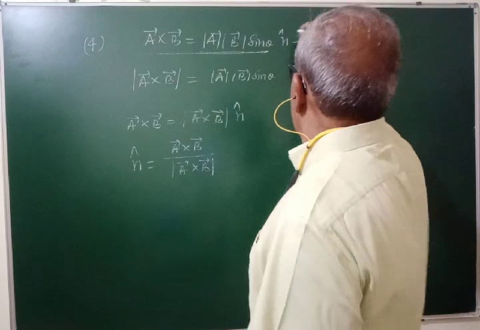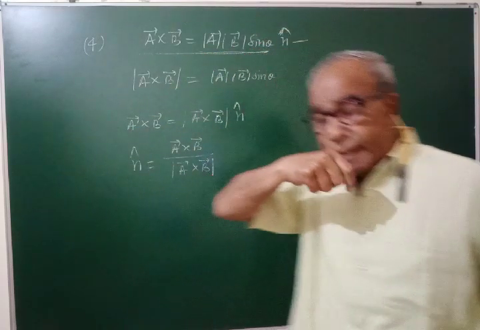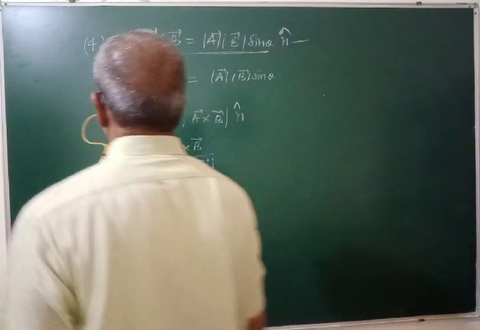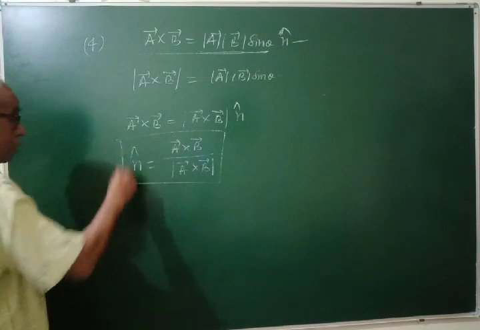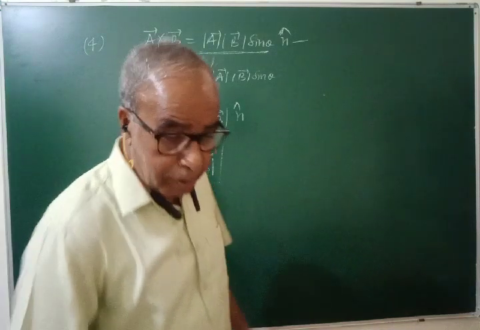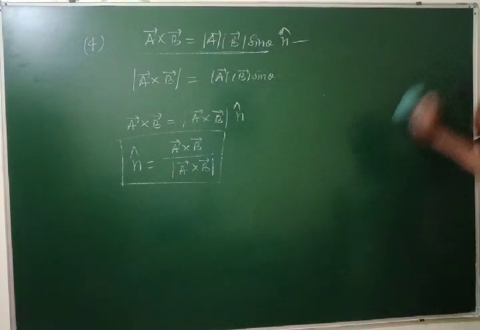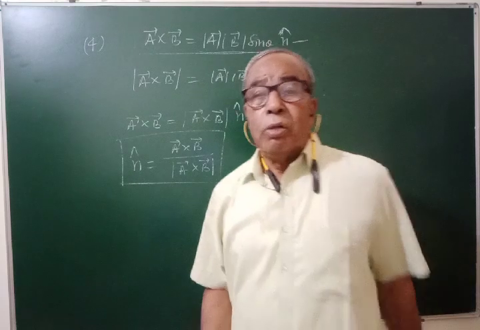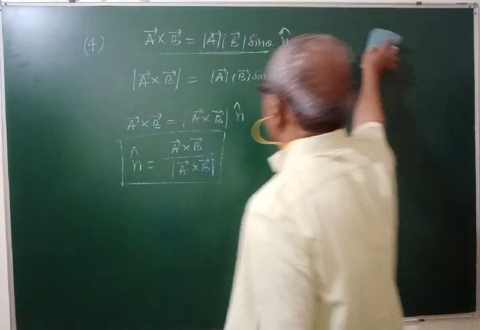This n cap by definition of vector product is normal to plane containing vector A and B, and hence perpendicular to A and B both. This is important. There is a numerical which is generally asked, find the unit vector. I will also give you. Find a unit vector which is at right angle to vector A and B. So this way you can find out.